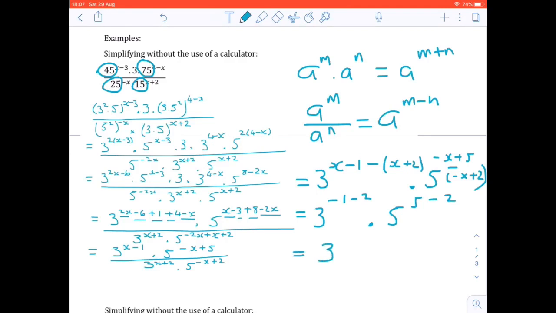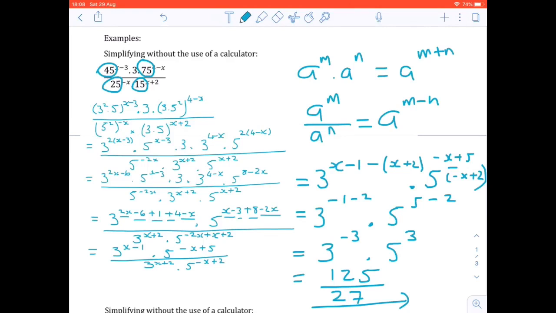So this equals 3 to the negative 3 times 5 cubed. Now we can put this 3 to the power of negative 3 into a denominator. 3 to the power of 3 then becomes 27. And at the top, 5 cubed, 125. And that's your answer.